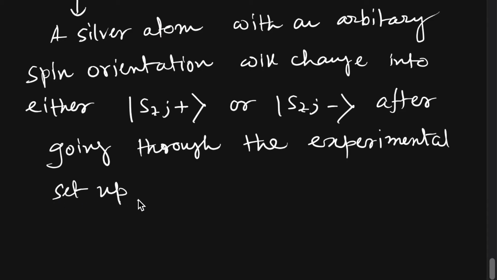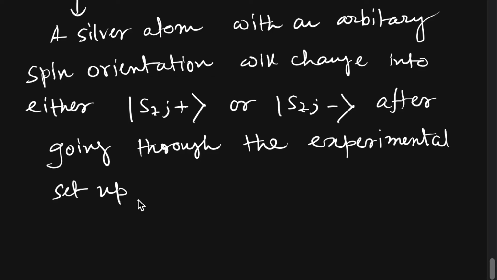That means an Ag atom with an arbitrary spin orientation will change its orientation into either the direction of the magnetic field or the opposite direction of the magnetic field after going through the magnetic field.